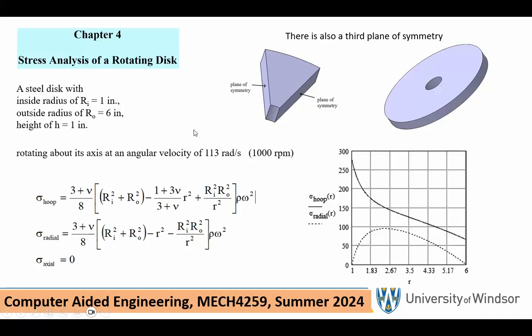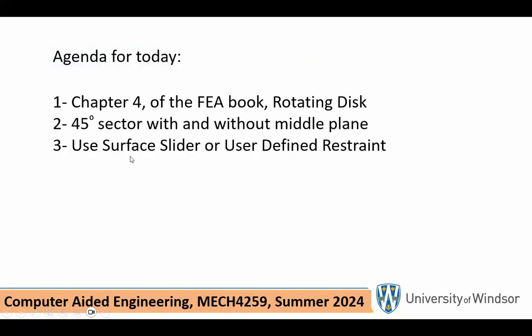displacement, etc. Therefore, what we're going to do is first I solve the problem where I take three cuts, two cuts at 45-degree angle like that, and one through the middle, and then I come back and eliminate that middle plane cut and see where it takes us. And one other thing I want to point out is that there's a mention here: use surface slider or user-defined restraint.